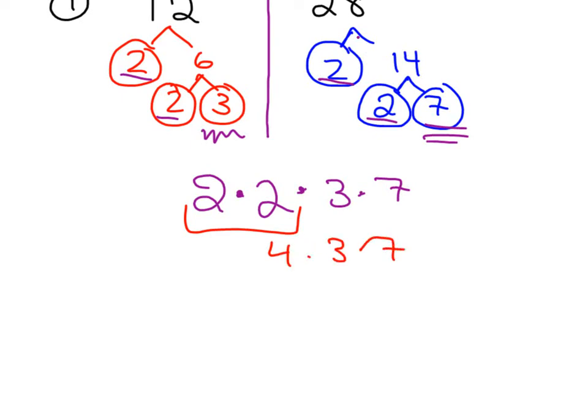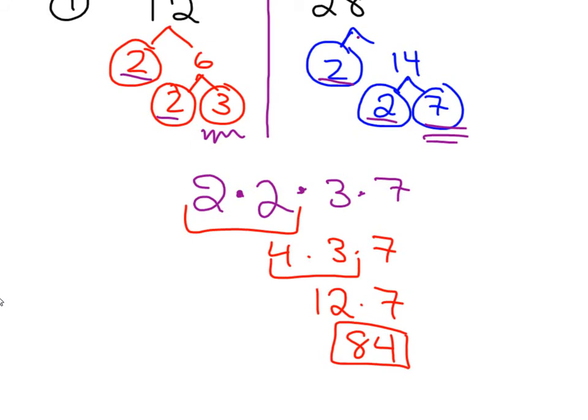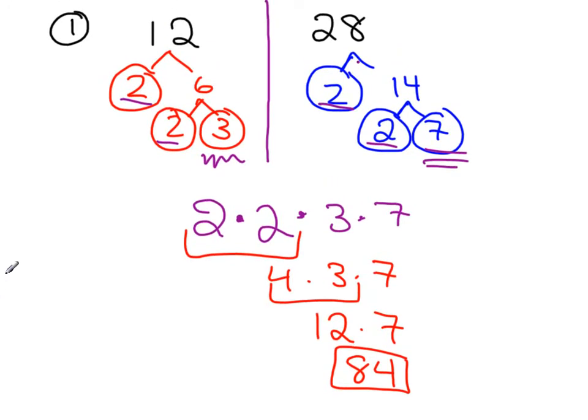Wow, I just can't write today, so I'm going to erase that. That looks horrible. 4 times 3 is 12. And 12 times 7 gets us 84. So 84 is the least common multiple between 12 and 28.